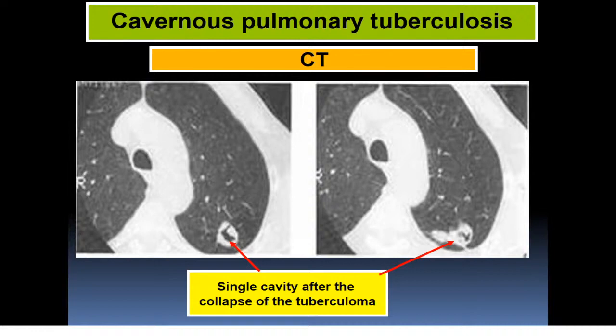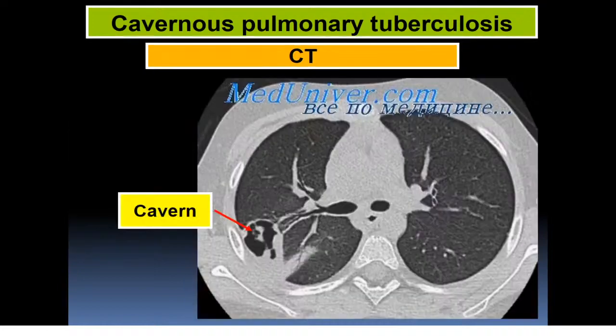On this CT scan, you can see a single cavity after the collapse of the tuberculoma. That's why the cavity formed after the destruction of tuberculoma in this patient. On this CT scan, you can see a single cavity also, and around the cavity we can see infiltration.